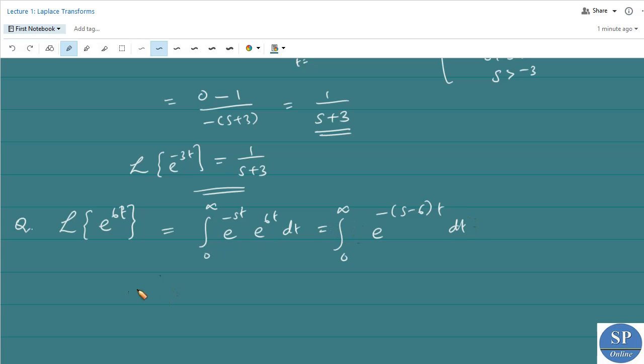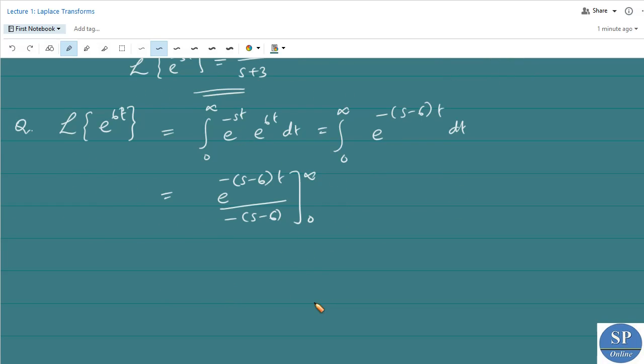So on integration we get e power minus of s minus 6 t divided by minus of s minus 6 from 0 to infinity. Here also we have e power minus infinity, which is 0, minus e power 0, which is 1, divided by minus of s minus 6. This is valid only when s minus 6 is positive, that is when s is greater than 6.